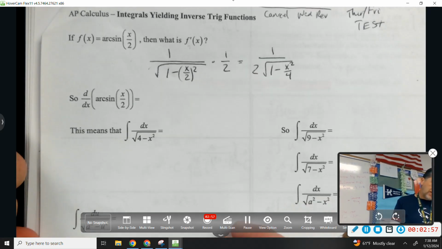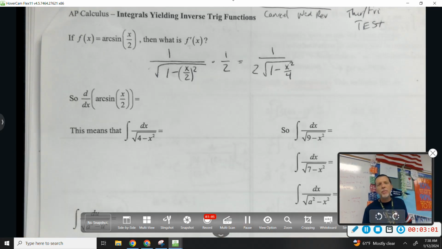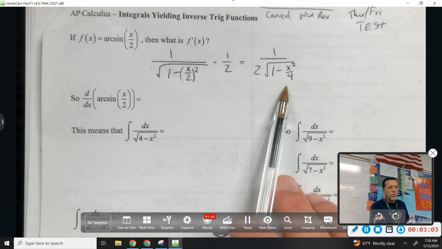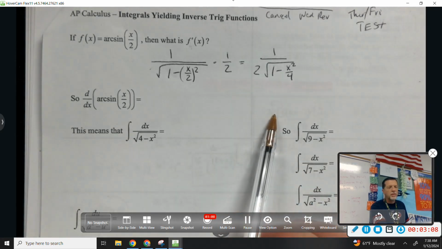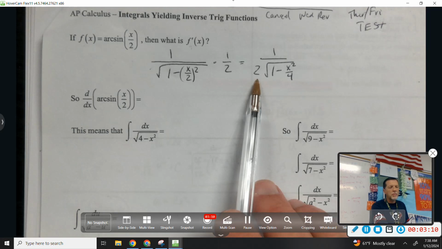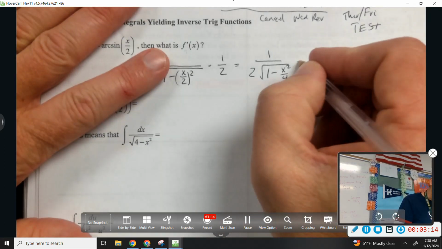Let's see. There's a couple ways to do the next algebra step. You could get a common denominator in here and then square root the 4 in the bottom. What I think I'm going to do, I don't know, neither one of them is particularly easy.